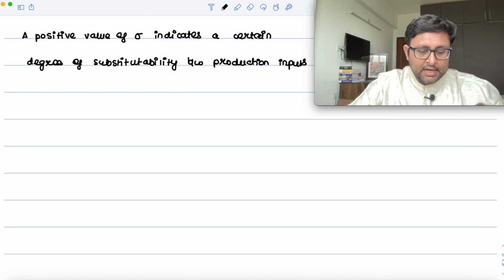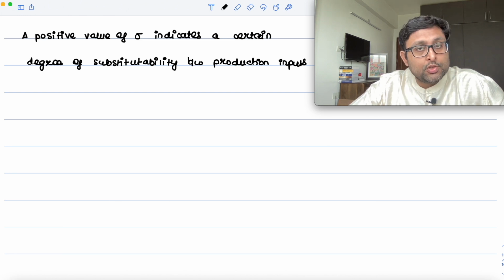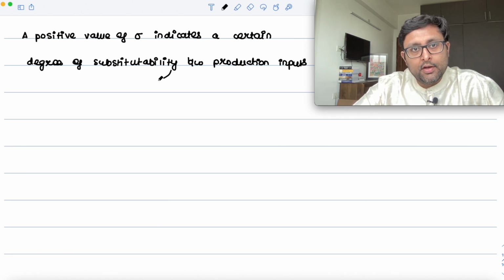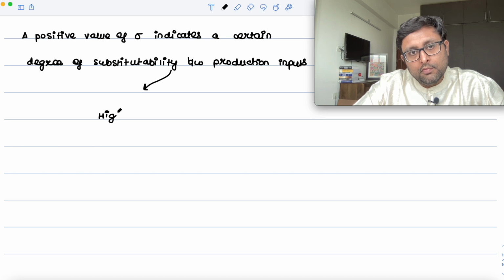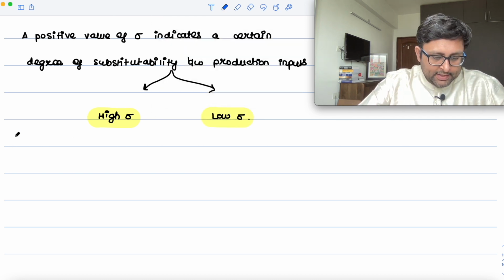So if sigma is high, then MRTS will not change much relative to K by L, and the isoquant will be relatively flat. So you can have a high sigma, or you can have a low sigma. So high sigma is this.